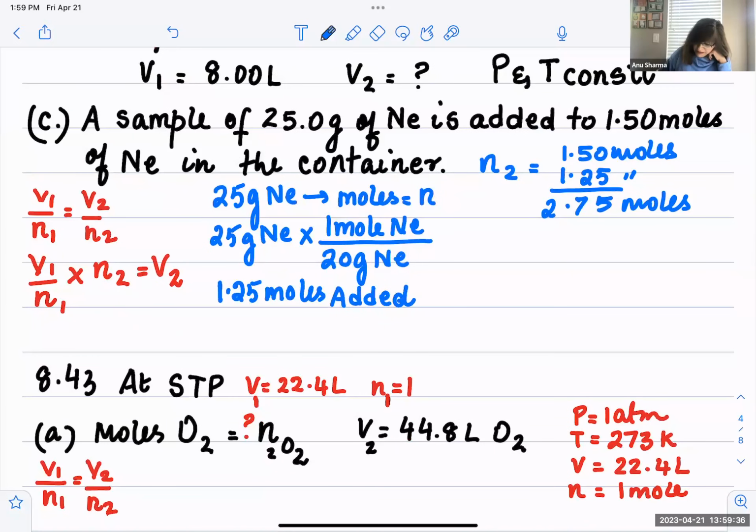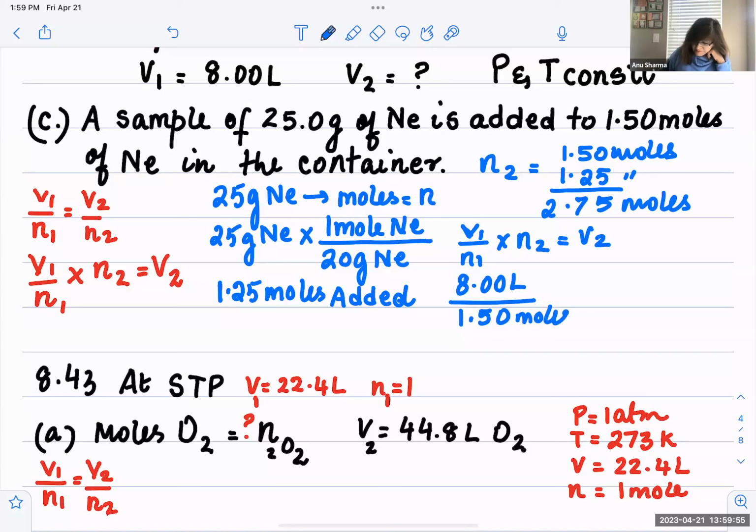The rest is you just plug in: V1 over N1 times N2 is equal to V2. So V1 is 8.00 liters over N1, 1.50 moles, times 2.75 moles.